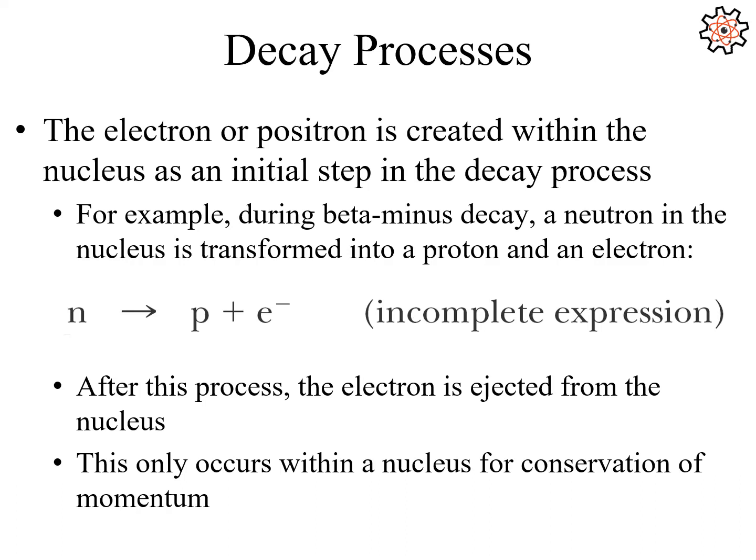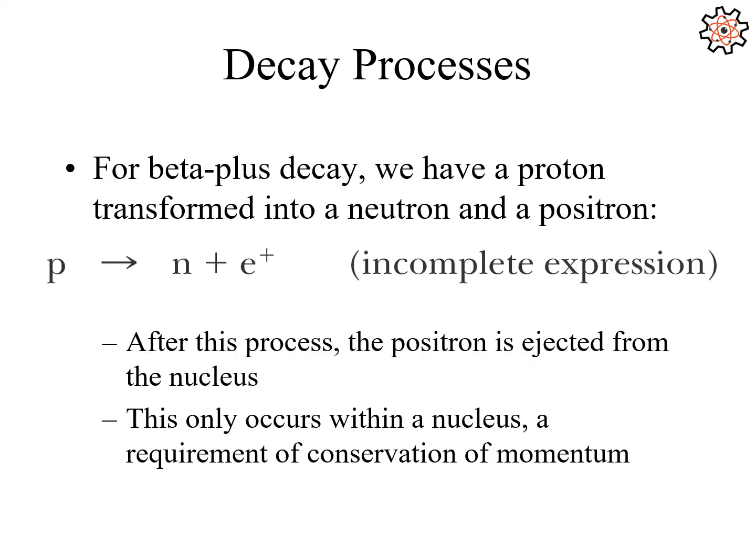That is maybe an oversimplification though, because we don't see this process happening outside of a nucleus. It only happens within a nucleus. But for positron emission, then a proton turns to a neutron, as we said. And we could write it like that to simplify. But the same point has to be made. This only happens actually within a nucleus. We don't see protons turn to neutrons in vacuum.